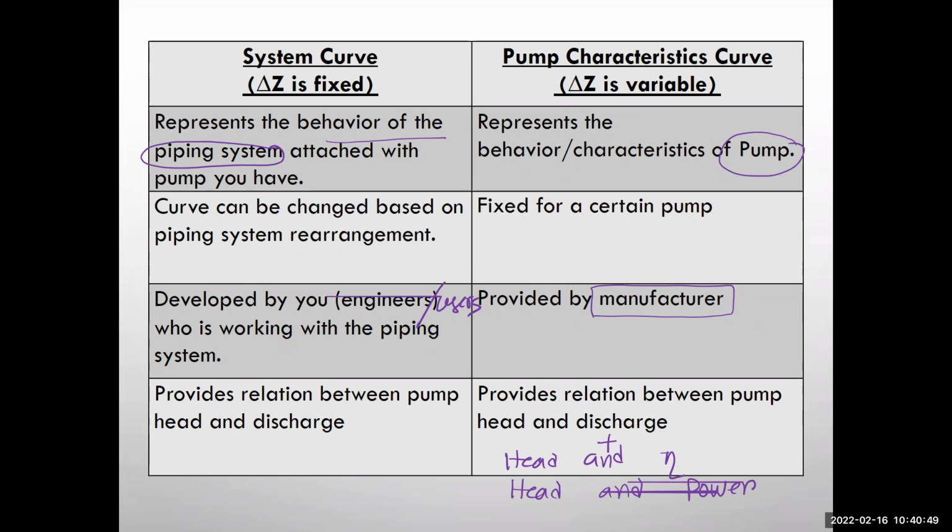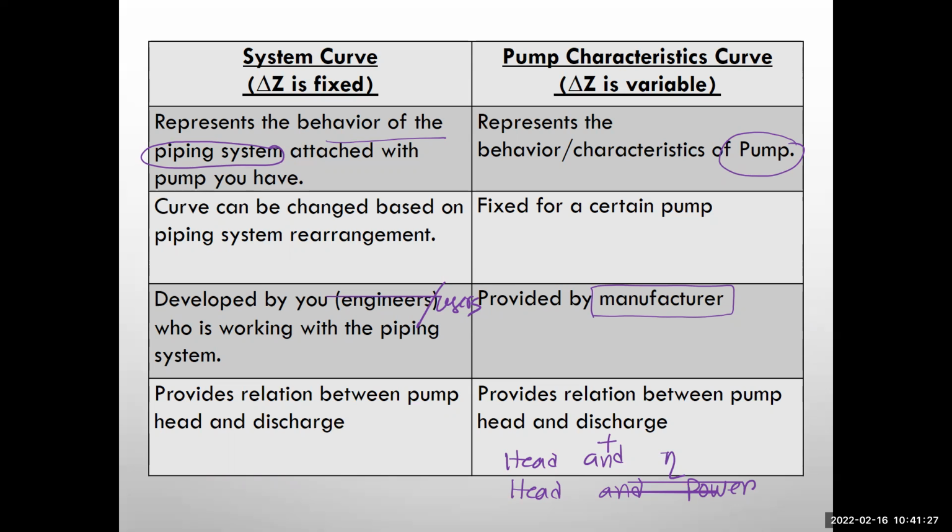Now, if I ask you some multiple choice questions from here, you should be able to answer that. Let's check. If I ask you to do some experiment, on the effect of friction on flow, and each one designs your own system, the system curve for each of you, will it be different or the same? It should be the same since the Z is fixed.